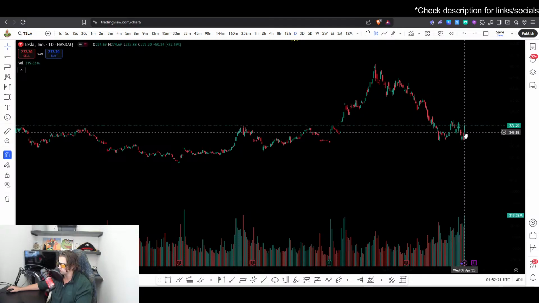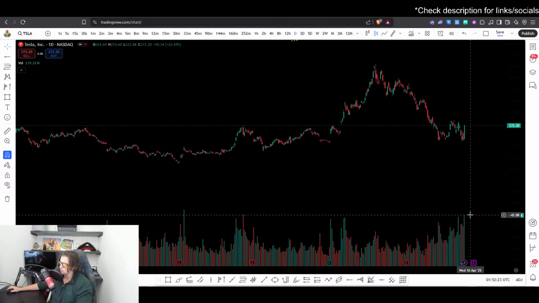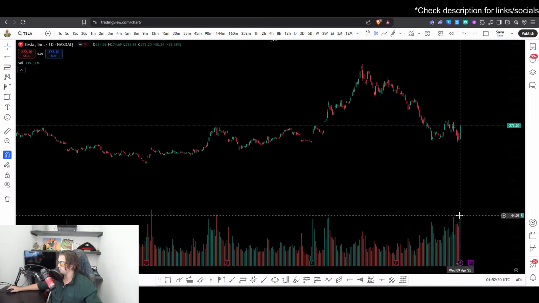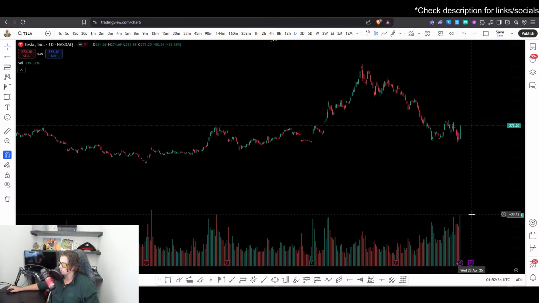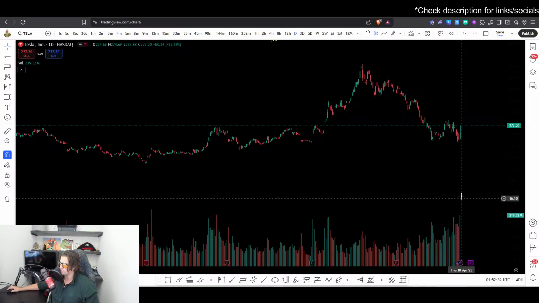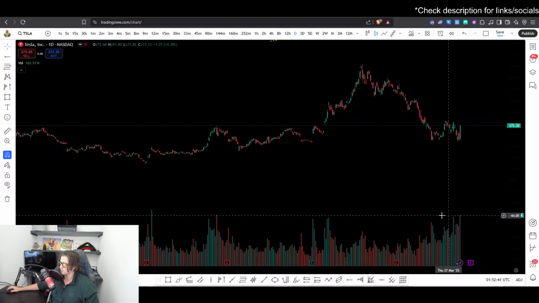So this movement up in price was also corroborated by a move up in volume as well. You've got price and you have volume, and both of them are in tandem right now.